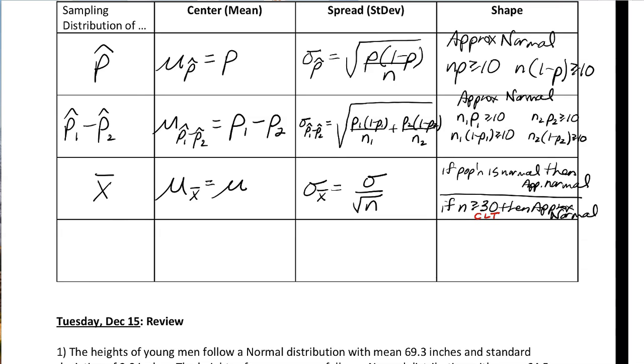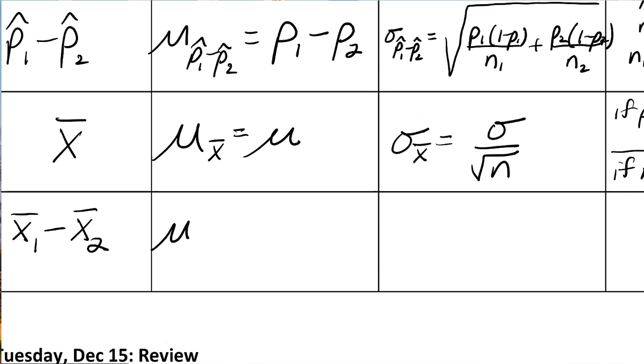And then lastly, we have x bar 1 minus x bar 2, the sampling distribution of the difference in means. So the mean of x bar 1 minus x bar 2 would equal the population mean for the first minus the population mean for the second.